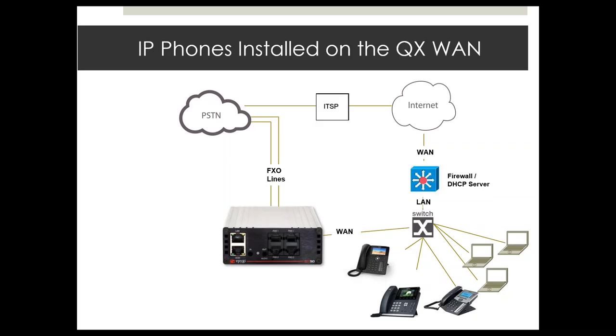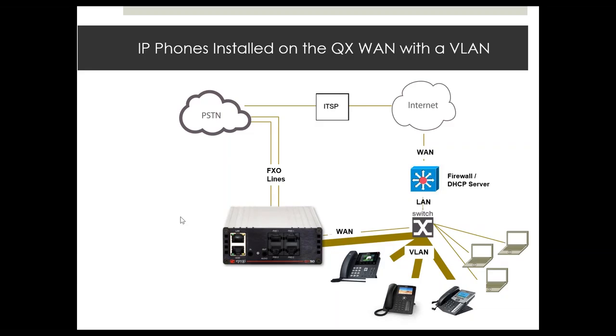Some of the options when you configure the phones to the system. There's numerous methods. Keep in mind that the system has a WAN as well as a LAN port, so it lends itself to a lot of flexibility. And combine that with some of the enhancements that we've done, you've got some nice options for configuring the phones to the system.